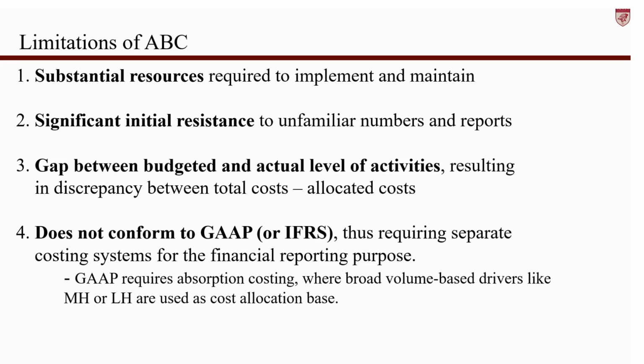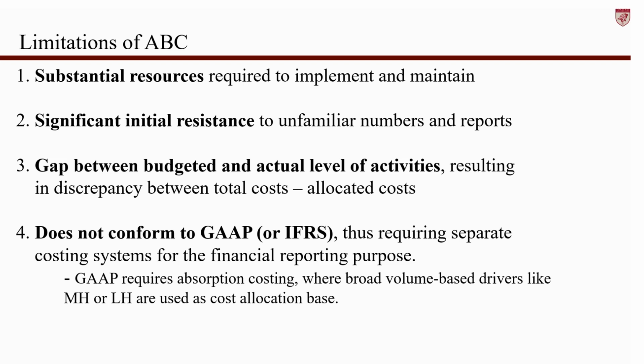And if we use those predetermined levels of activities, towards the end of the period we will still see a discrepancy between the actual cost that has been incurred versus the allocated cost under ABC. Therefore, we cannot get away with having no gap between the total cost incurred and the allocated cost, because we are relying on the predetermined activity rate.